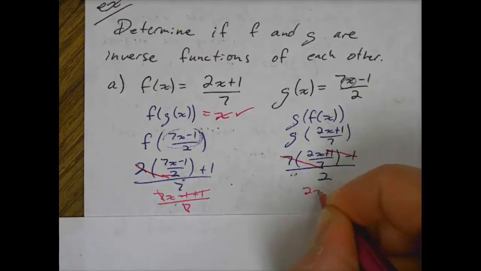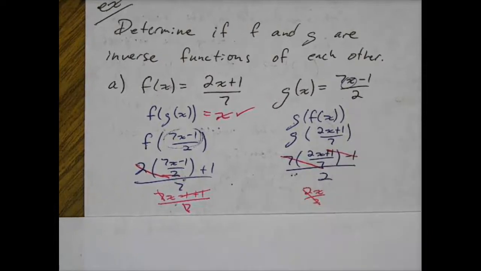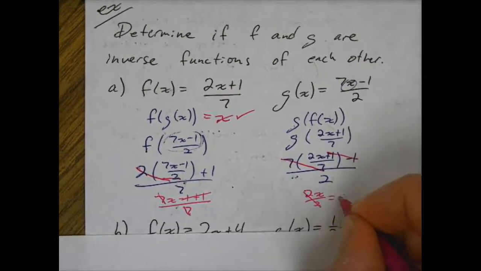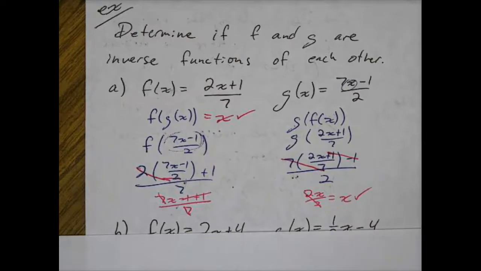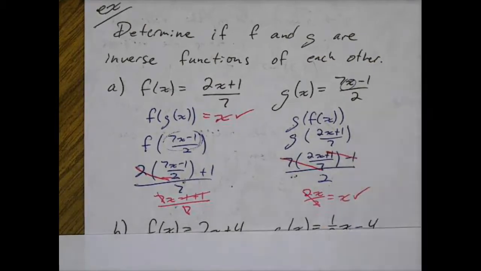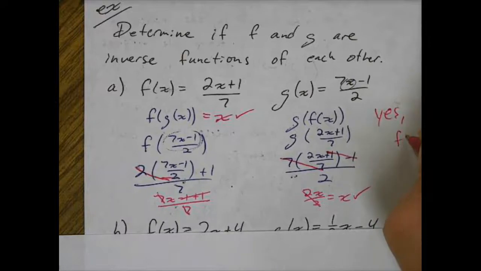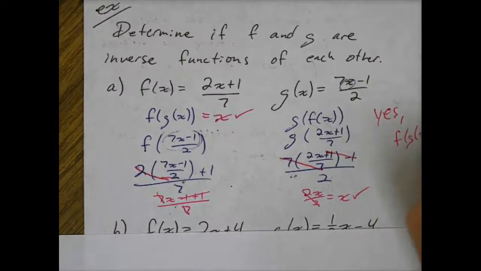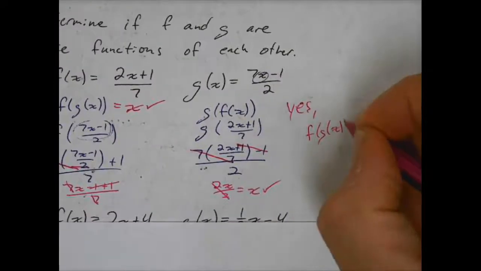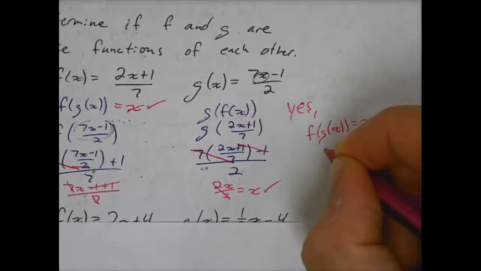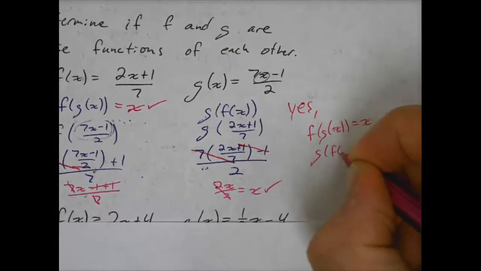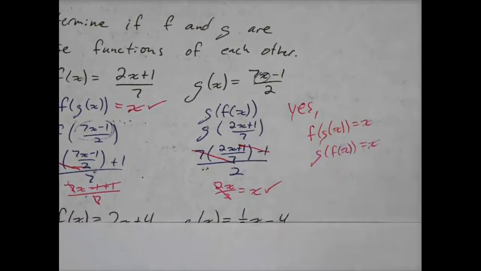So I have 2x over 2. 2 divided by 2 makes 1. So I am left with x in the end here as well. Since it is x in both directions, then yes, these are inverses of each other. And this is all the proof that I need. So yes, because f of g of x equals x, and g of f of x equals x.